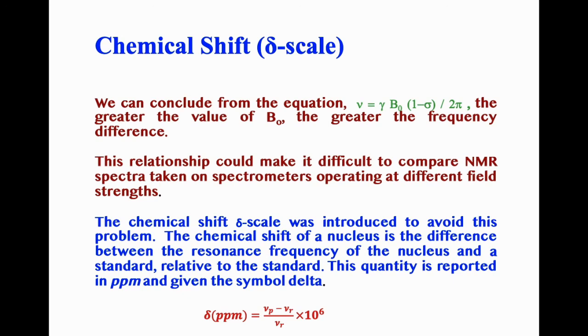Therefore, it was thought that the variation in chemical shift value can be normalized by dividing with respect to the applied field strength. Another problem, the small chemical shift values, is taken care of by multiplying this quantity with 10 raised to 6, that is, 1 million, and this formula is extremely useful to understand the chemical shift trends.